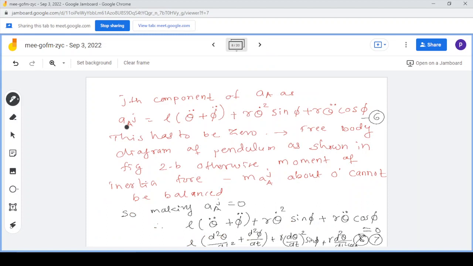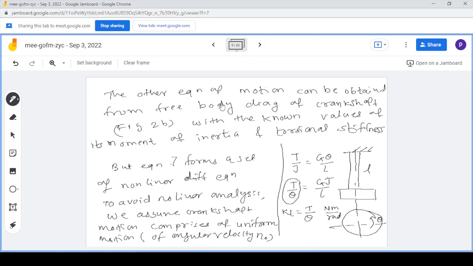Then we separated out the j component of the acceleration, and we know that this j component of acceleration should be 0, right? So we equated the j component of acceleration to 0, and thereby we obtained an expression which is considerably nonlinear.